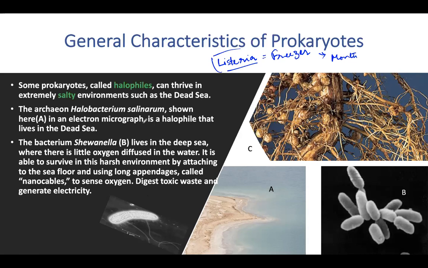Over here, some prokaryotes are called halophiles. The word halo means high amount of salt. Okay, philes means where they live in, or you can say they are the lover. So halophiles means the salt lovers, meaning this group of bacteria need a high amount of salt to survive.